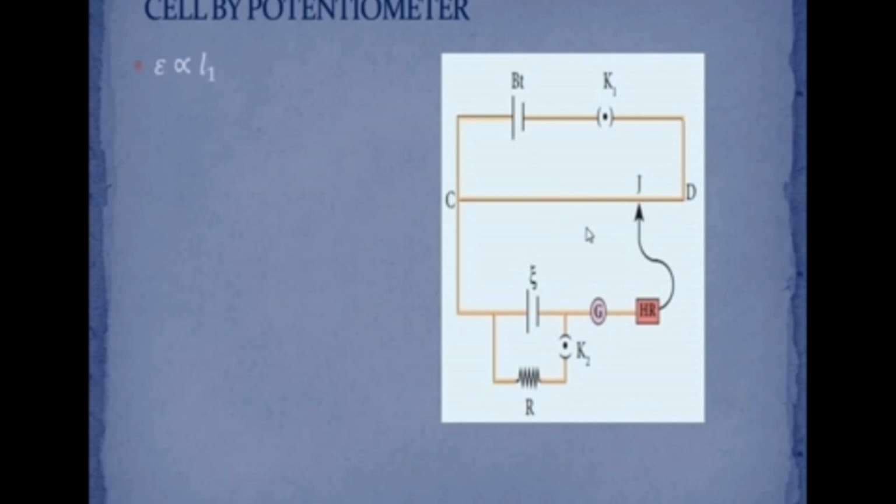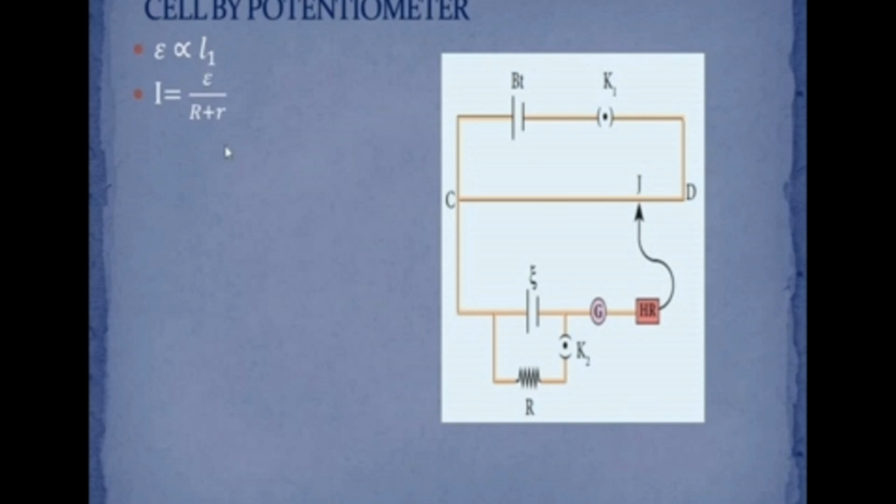So the first equation: initially the balancing length L1 is equal to the EMF of the battery, because we have not included the resistance R. Now after including the resistance R, what will happen?